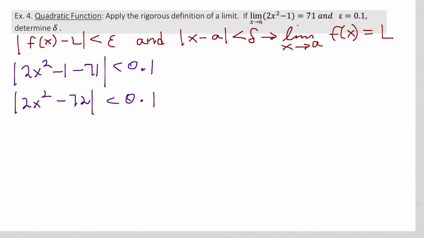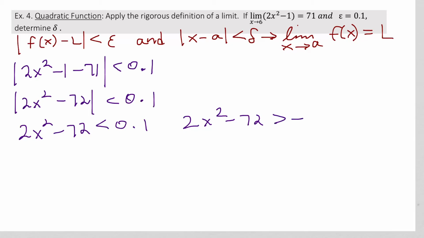We're going to set up our two statements. 2x squared minus 72 is less than 0.1. 2x squared minus 72 is greater than negative 0.1. We're going to solve both of these for x. 2x squared is less than 72.1, and 2x squared is greater than, let's see, 71.9.